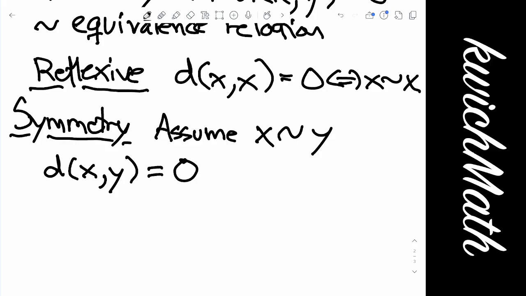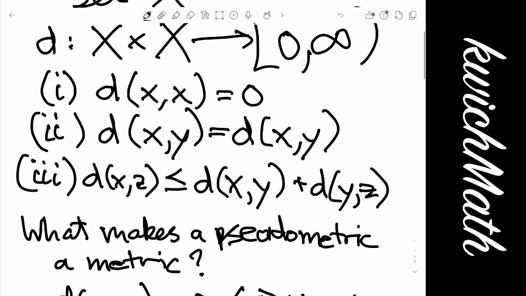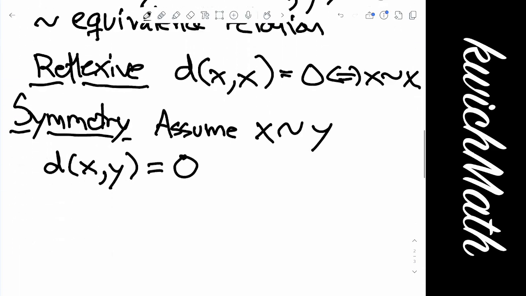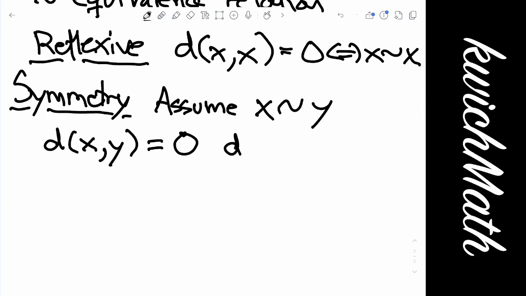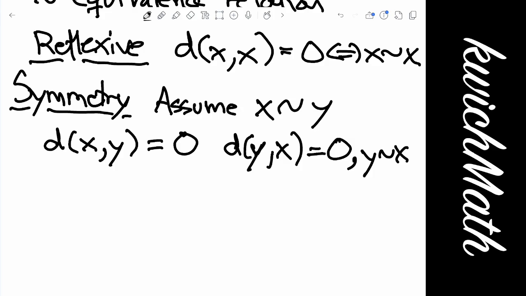But since the distance function is symmetric, that also means that the distance from y to x is 0, and hence that means that y is related to x. Okay. And finally we need transitivity.